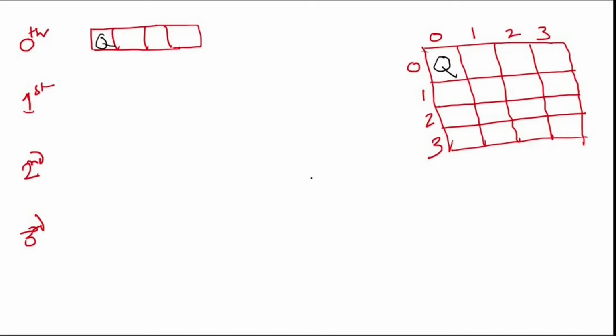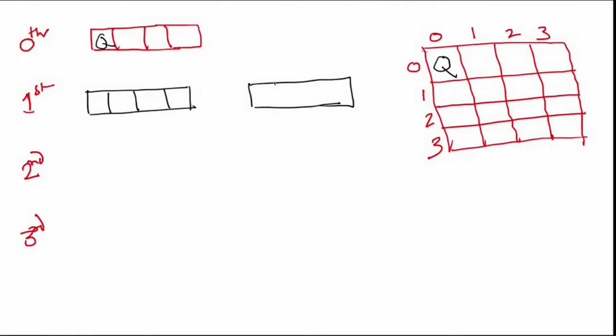Okay. Next, the first queen. That means the 0th queen has been placed. Next, the first queen we are going to see, that means the second queen. As it is recursive, it will go in a tree fashion, nothing else. So let us draw these. Index is 0, 1, 2, 3, 0, 1, 2, 3.